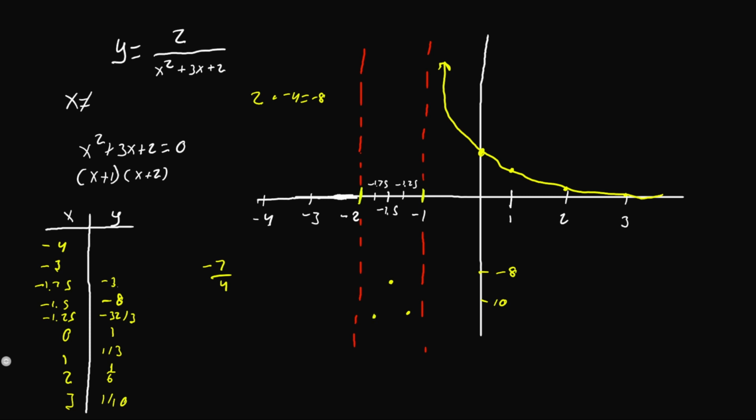So we just write negative 32 over 3. So we see that it's going to go downwards now. So let's go ahead and make a rough sketch. And we see that the vertex is exactly negative 1.5.